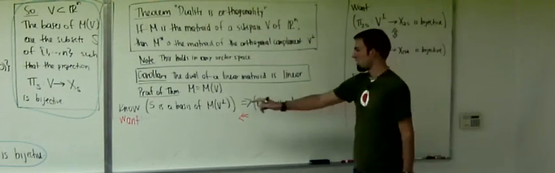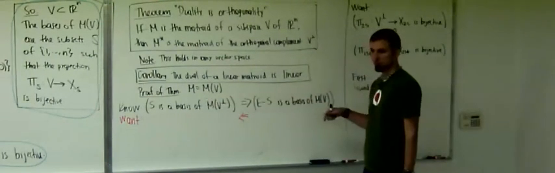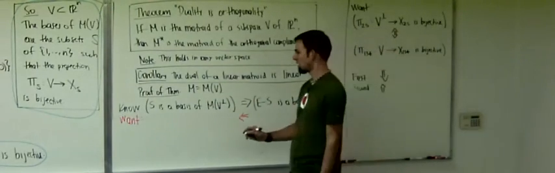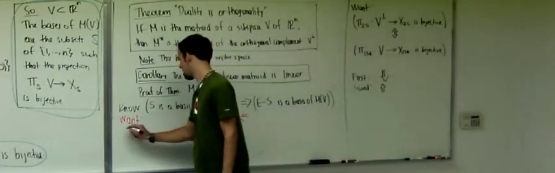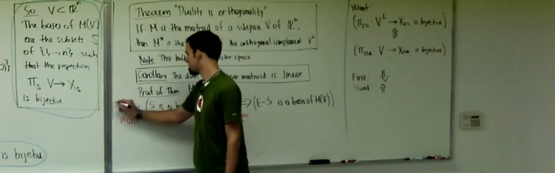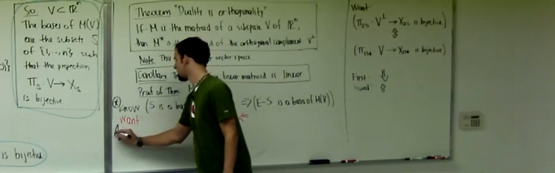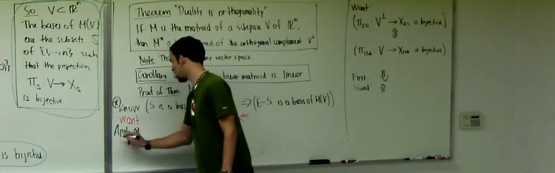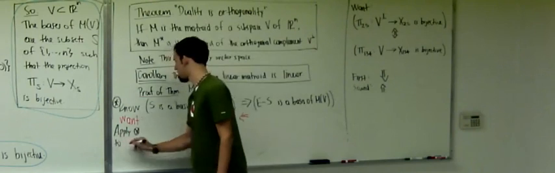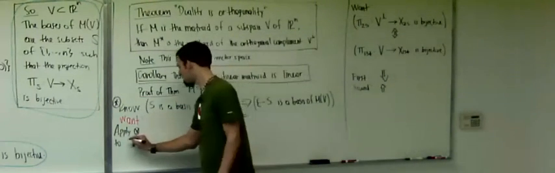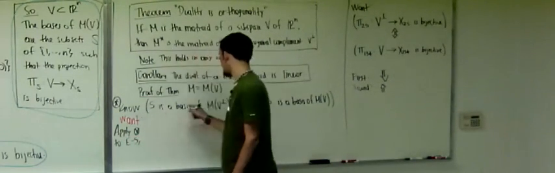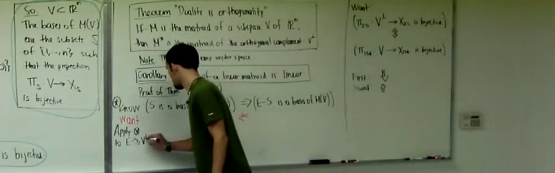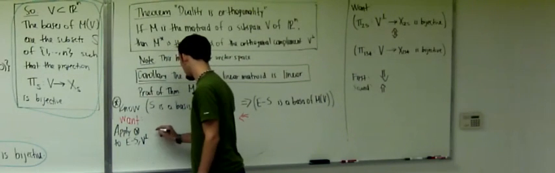Well, I already proved this direction for any S and any V. So let's call this star, and now let's apply star, but instead of S, I'm going to apply it to E minus S. And instead of V, I'm going to apply it to V perp. What do I get?